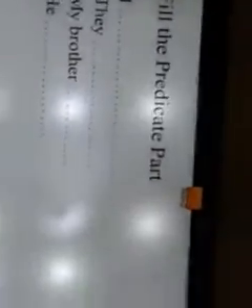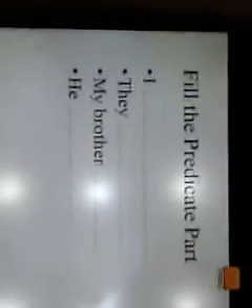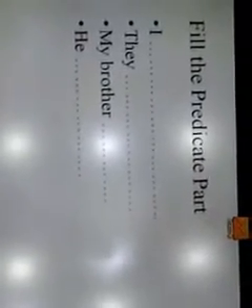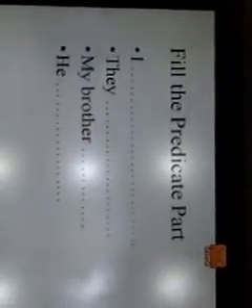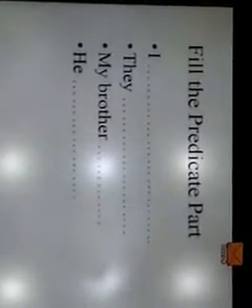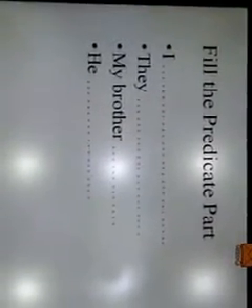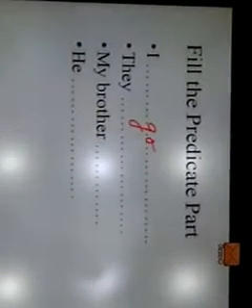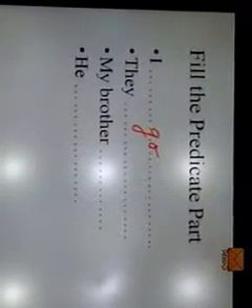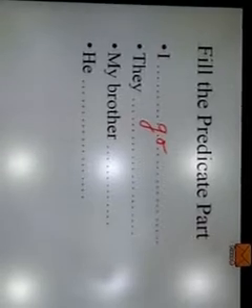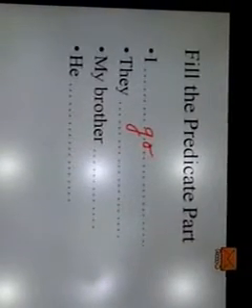Now we have the predicate part, we have the subject part. You will have to fill the predicate part. Better if you fill different types of predicate as studied today. I is the subject of this sentence. You can fill go. Here, I go. They is the subject.